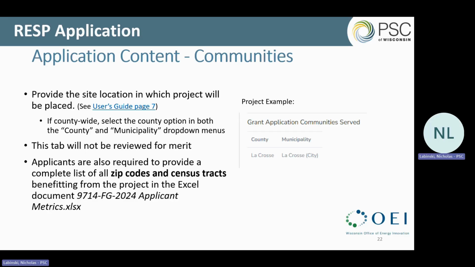Application content, the communities tab. So here you will provide the site location at which the project will be placed. If it's a countywide project, select the county option in both the county and municipality drop-down menus. This tab is not reviewed for merit.